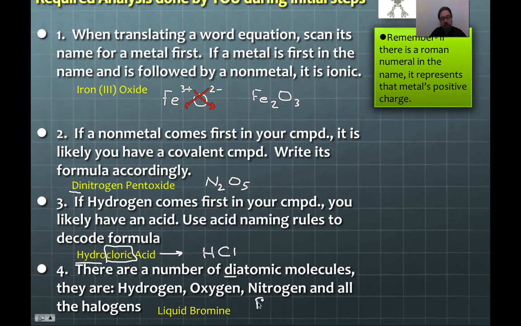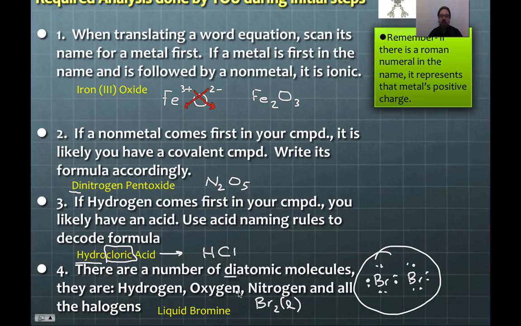So liquid bromine would be Br with a little 2 as a subscript, and this one's a liquid, so we're going to use the lowercase cursive l. One more time on why bromine has to be diatomic: if we put its valence electrons around it, it's group 17 or 7A, and it has 7 valence electrons, and this is unhappy. So it takes another bromine coming in with its 7 in order to make both of them happy. And that is how you get Br2. So hopefully you can remember HON and the halogens are your diatomics.